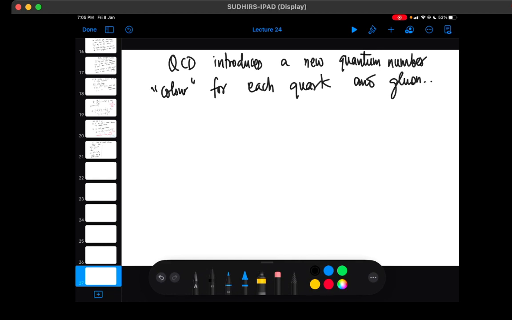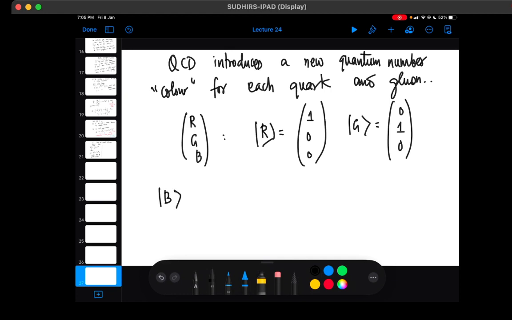So it introduces for each quark, for RGB, if you have a red color quark, say for example, we'll introduce one column vector which is (1,0,0). Similarly, for a green color quark, we'll introduce another column vector of this type, somewhat like a spin.